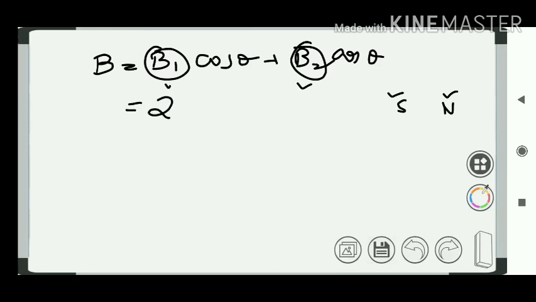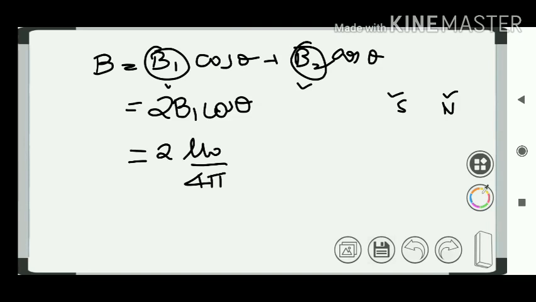So there are two B1 cos theta, right? So what is B1? We just found the value in mu 0 by 4 pi, remember? So I can write it as 2 into mu 0 by 4 pi q divided by d square plus l square. Not q, it was m, right? Magnetic pole strength. Into, there is a factor called cos theta.